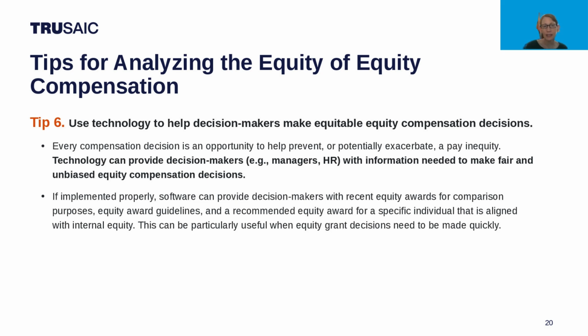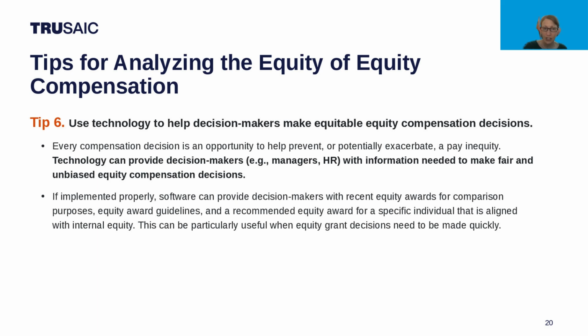So our sixth tip is about technology. It's our recommendation to use technology to help decision makers make equitable equity compensation decisions. Every time a compensation decision is made, it's an opportunity to help prevent, but it could also potentially exacerbate, a pay inequity.